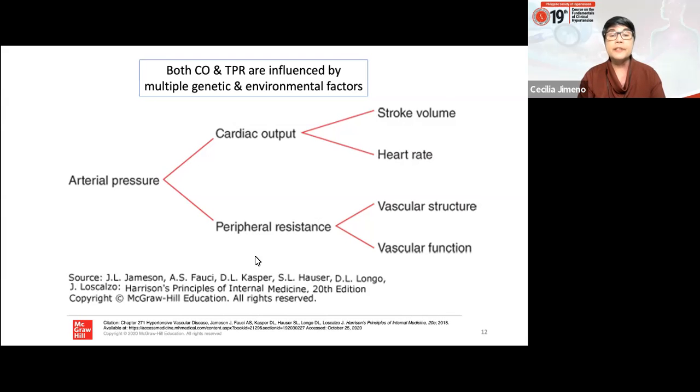On the other hand, peripheral resistance is a product of the vascular structure, how thick our vasculature is, and the vascular function, how vasoconstricted our blood vessels are. Both the cardiac output and the total peripheral resistance, though, are influenced by multiple genetic and environmental factors. And typically, it's those same genetic and environmental factors that also bring about the insulin resistance and subsequently the hyperglycemia.